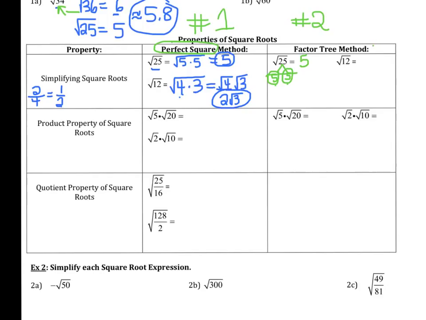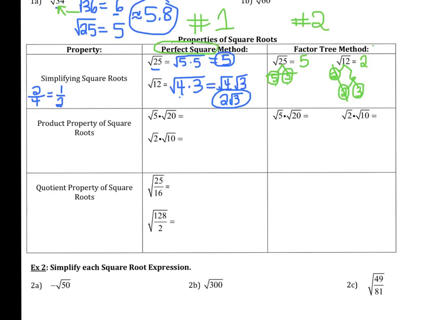It doesn't matter what numbers we break the 12 into. We could do 3 and 4, we could do 2 and 6. 2 is a prime number because we can't further divide it into any other numbers. 6 comes from 2 times 3. I'll circle the 2, I'll circle the 3. So look at, we have a pair of 2s. These two 2s partner up and get out of jail. They're free. They're no longer underneath the radical sign.